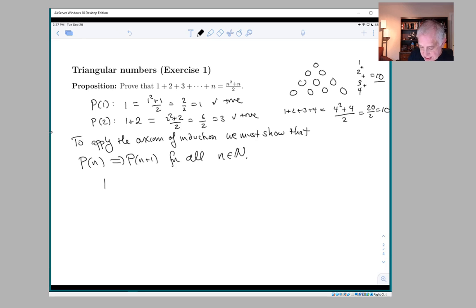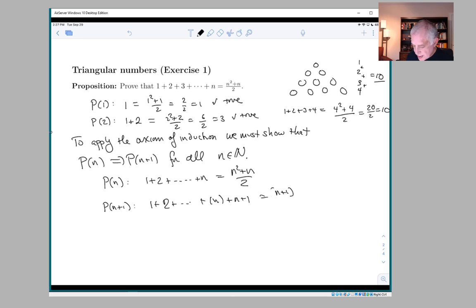And P of n is the statement 1 plus 2 plus ... plus n equals n squared plus n over 2. And P of n plus 1 is the statement 1 plus 2 plus ... plus n plus 1 equals n plus 1 squared plus n plus 1 over 2.